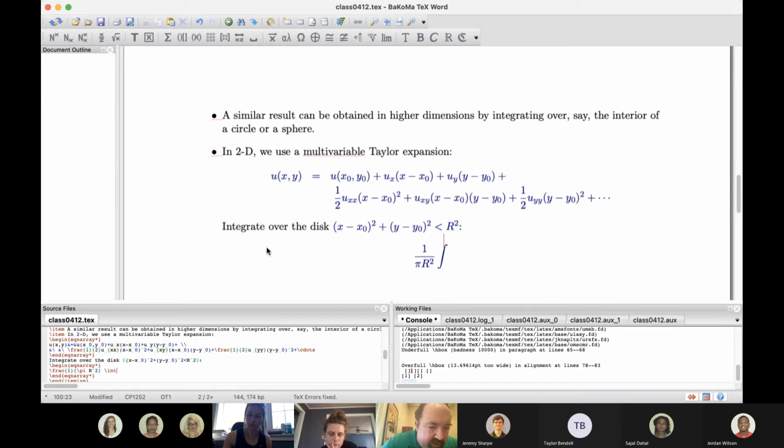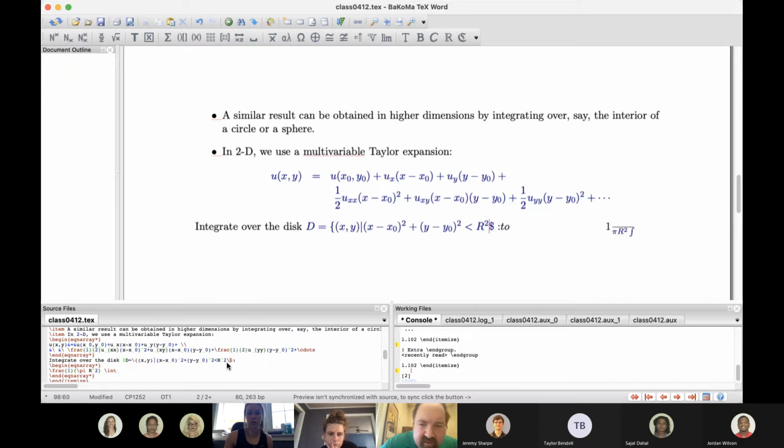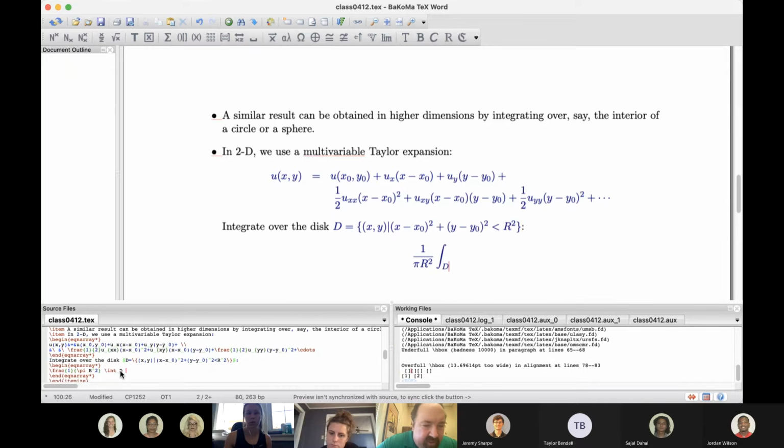That way, what I have here, okay, I'm going to call this disk D. Okay, so I'm taking the integral over D of u of x y dx dy.